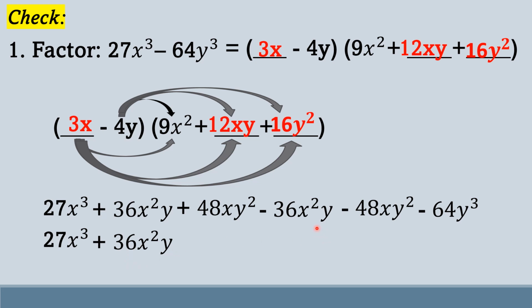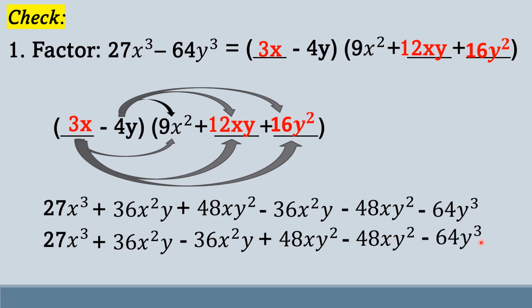The like terms are 36x squared y. Next we have plus 48xy squared. Like terms, we have here 48xy squared. They have the same literal coefficients, therefore they are like terms. And the last term has no companion, so we have 64y cubed.